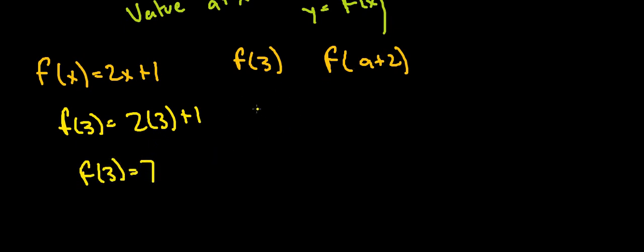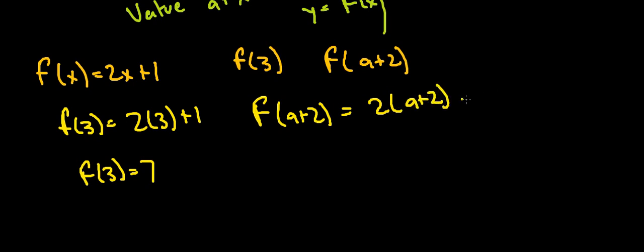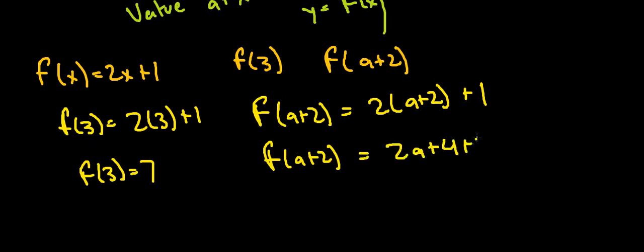And for this one, f of a plus 2 is equal to 2 times a plus 2, plus 1. That's going to give me f of a plus 2 is equal to 2a plus 4 plus 1. So f of a plus 2 is equal to 2a plus 5.